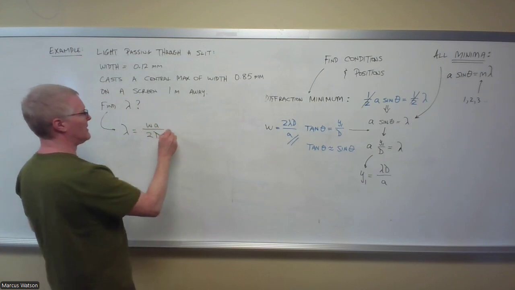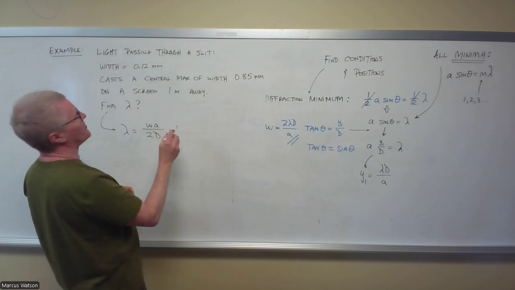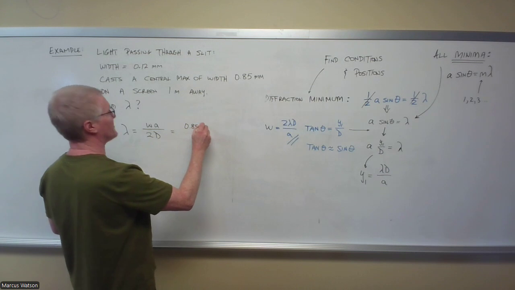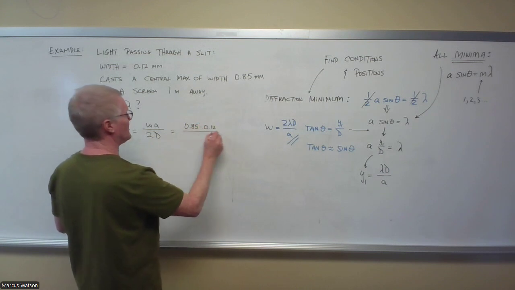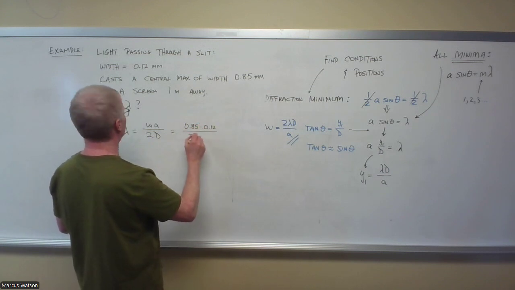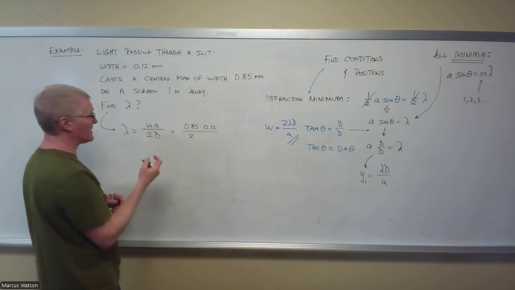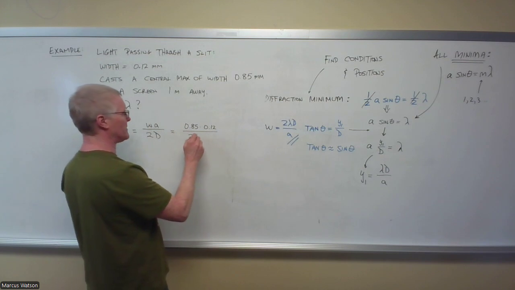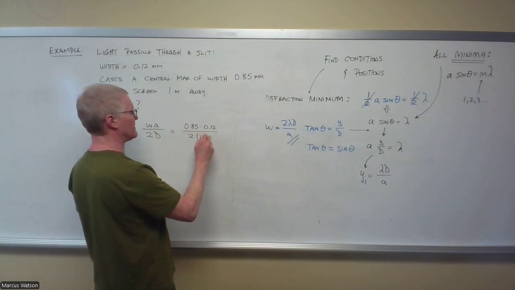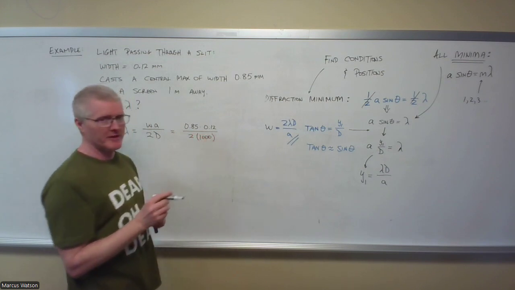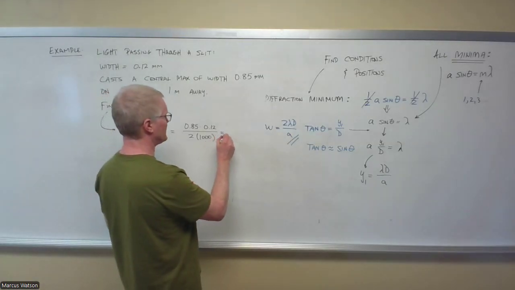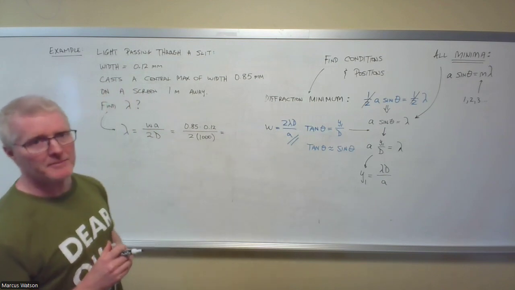We're going to multiply 0.85 times 0.12 over 2 times 1,000, putting it all into millimeters, so I'm getting a wavelength that comes out in millimeters.